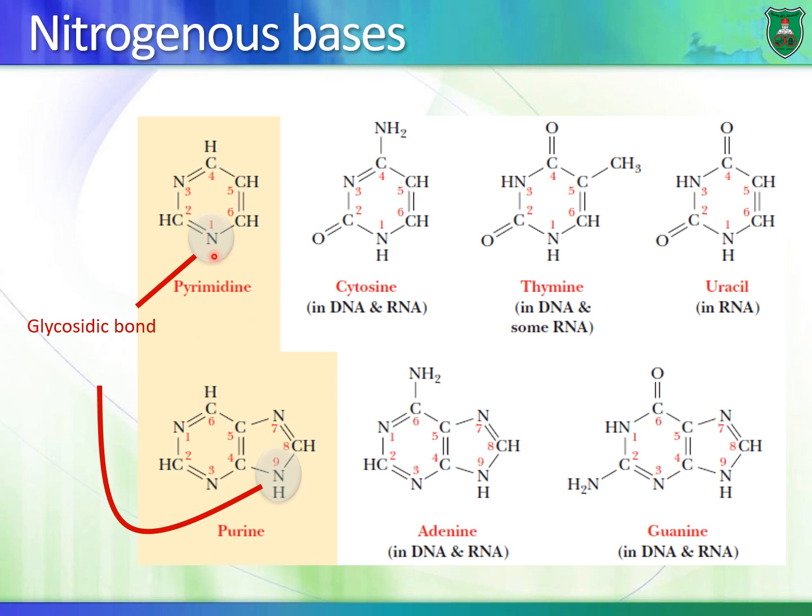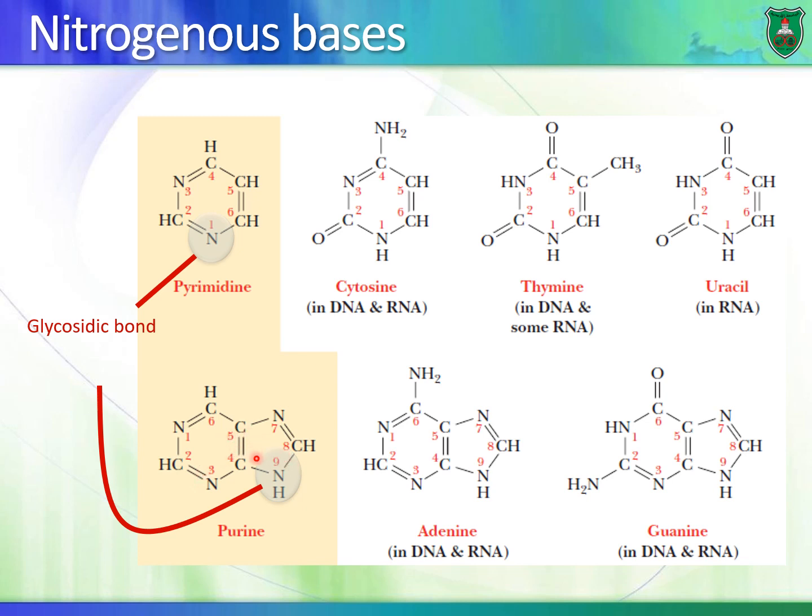So to nitrogen number 1, you have the glycosidic bond between the base and the sugar. And to nitrogen number 9, you can also have the formation of the glycosidic bond between the purine and the sugar. Now notice that pyrimidines are single ring molecules and purines are double ring molecules.